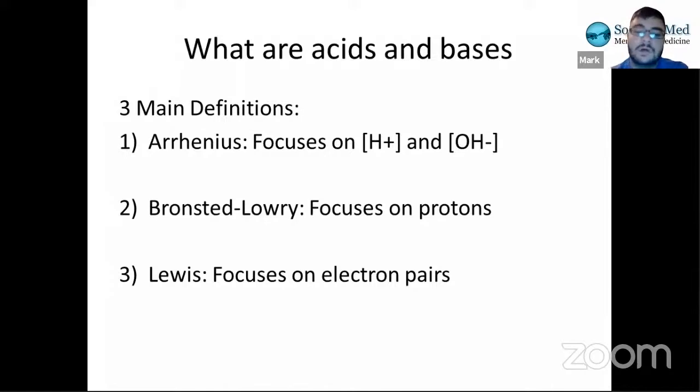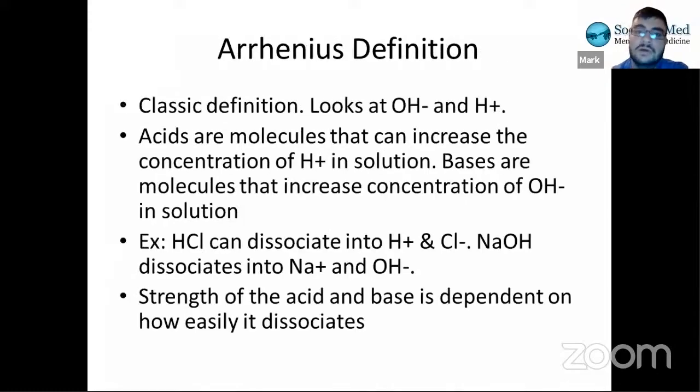Okay. And then lastly, it's the Lewis definition, which is the most different and the least commonly used in this sense. And it focuses instead of protons on electron pairs as donors and acceptors. Okay, we'll go into detail in each one.